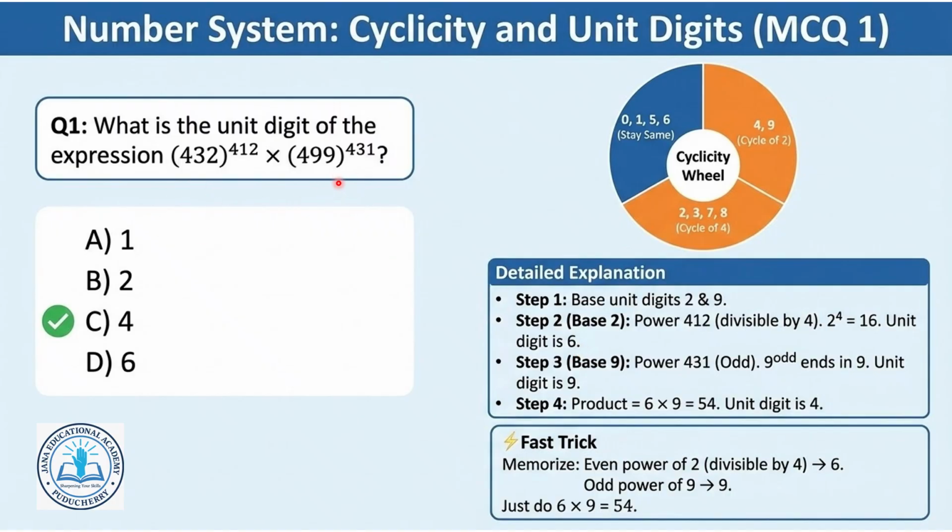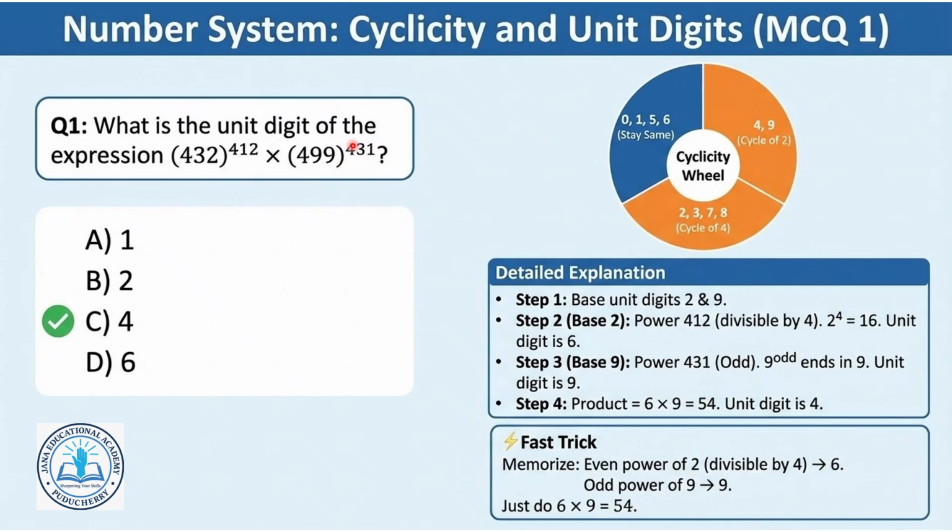Okay, now come to the nine part. Here the power is 431. Is 431 divisible by 4 or something else? No, it is not divisible, because it is an odd number. You can try 2, 3, 4, but it is not divisible. It is only a multiple of 1, since 1 into 431 is 431.